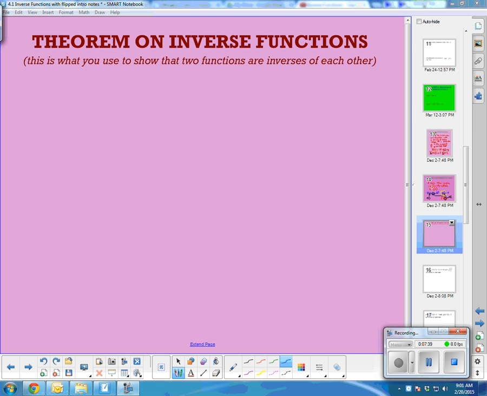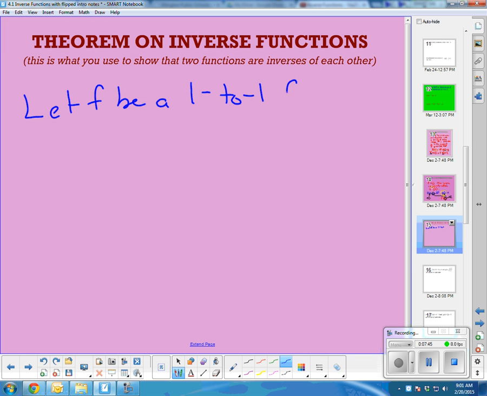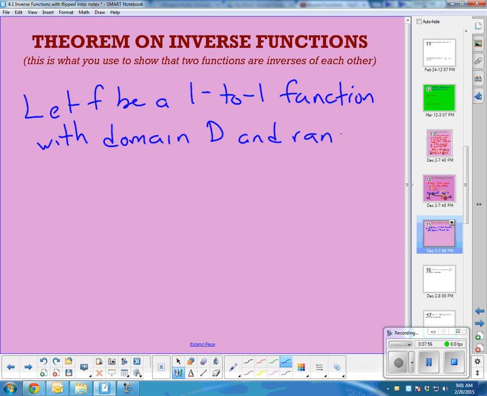We're going to start with the same let. Let f be a 1-to-1 function with a domain D and a range R. Then if g is a function, now remember we said that the inverses have to be functions as well, so I'm very specific here to use that word function.